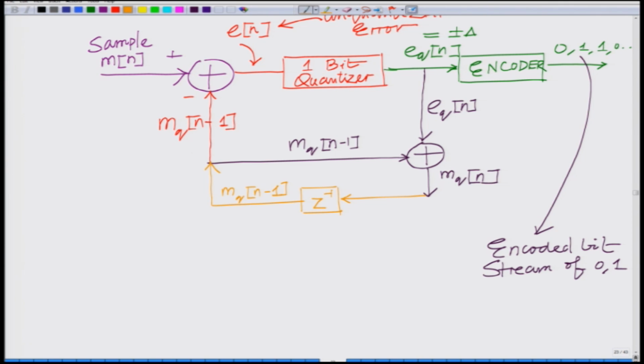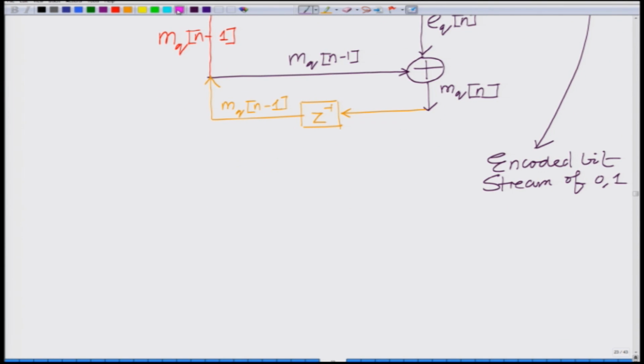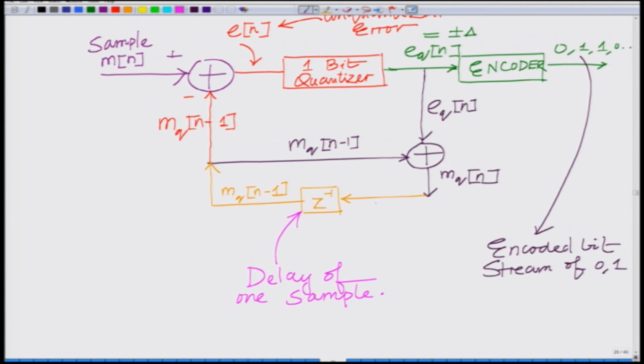The Z inverse, from the Z transform, some of you might be familiar with it, means a delay of one sample. So mq[n] is passed through the Z inverse module, delayed by one sample, and you get mq[n-1]. Now mq[n-1] is subtracted from m[n] to get e[n], the unquantized error. At the same time, mq[n-1] is added to eq[n] to get mq[n].